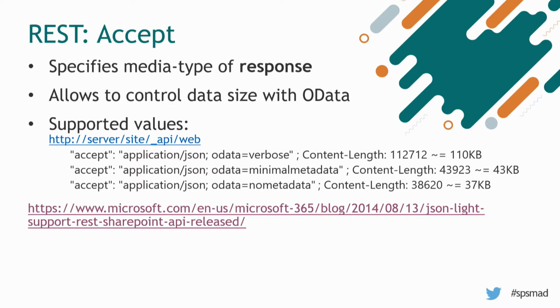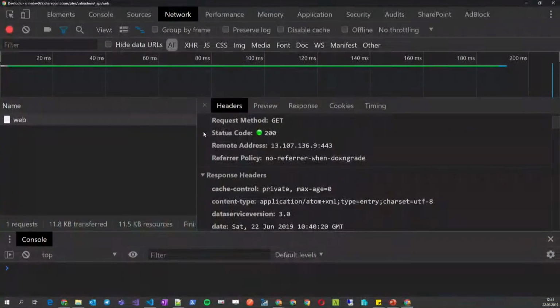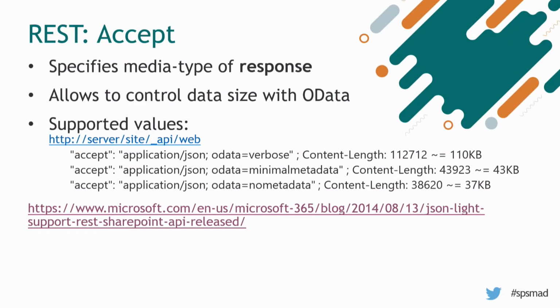It also allows us, in regards of SharePoint, to specify how much data we'd like to get. Since 2014, SharePoint supports 3 types of OData type that allows us to control how much metadata we receive back from the server. Like you could see it in this web part. I'll quickly close that and open it again.